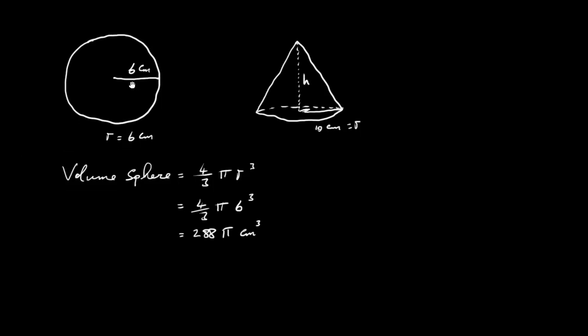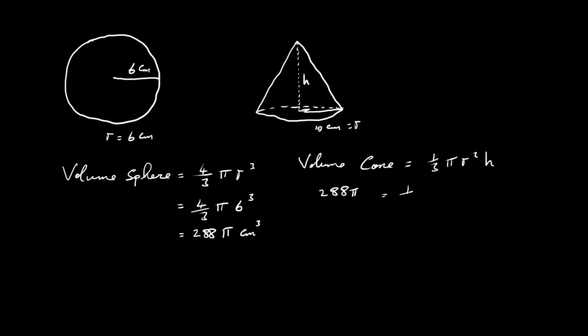So that's the volume of our sphere. Okay, let's have a look then at our cone. We know that our cone is going to have this volume as well. The volume of a cone is 1/3 pi r squared h. We know the volume of our cone is 288 pi, because it's the same volume as the original sphere.